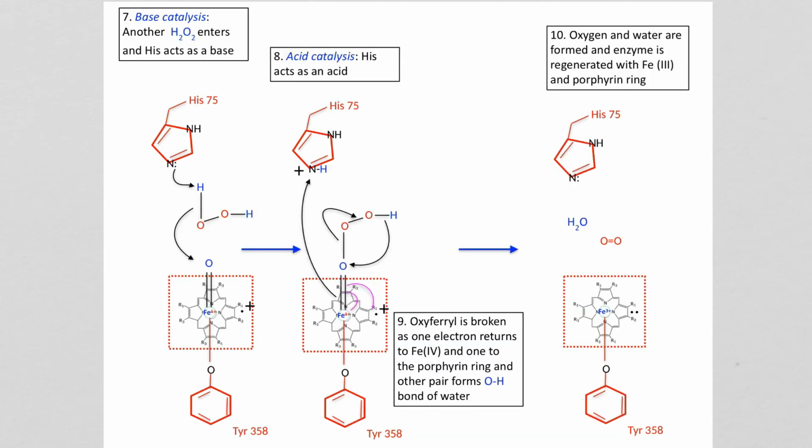In the next step, another hydrogen peroxide molecule will now enter the active site. Once again, histidine acts as a base, takes away this hydrogen, and the histidine once again becomes positively charged. Now, this oxygen here will be connected to the oxyferryl.